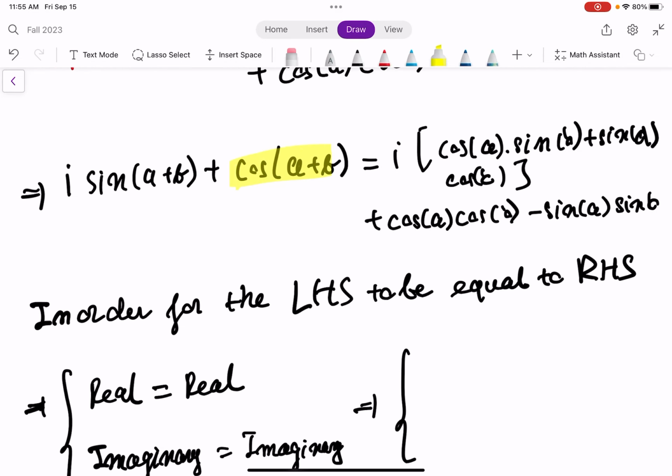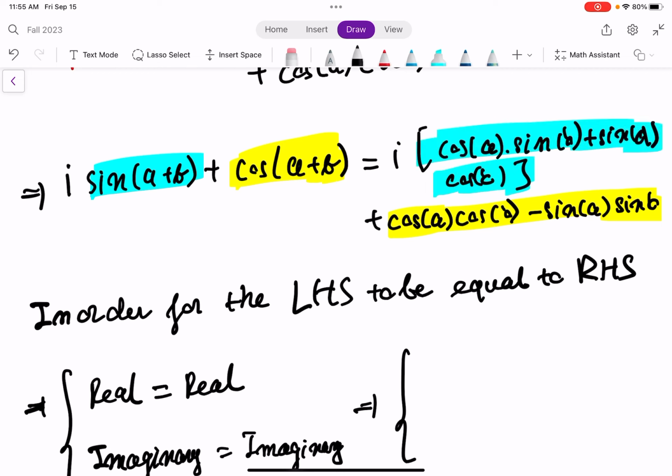This is the real component of the left hand side, and this is the real component of the right hand side. The imaginary component is this one of the left hand side, and this one in blue of the right hand side.